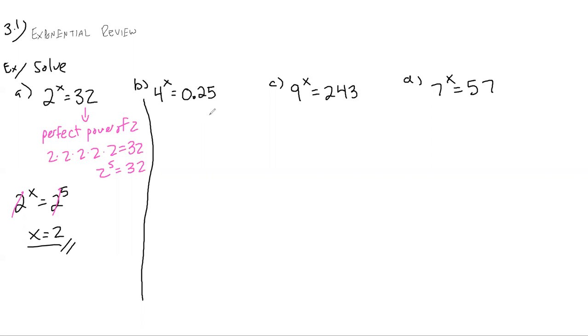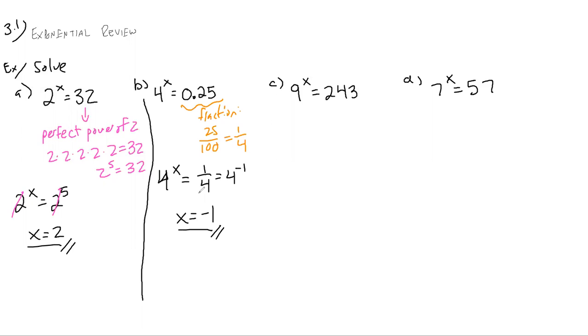That 0.25 is actually a fraction. If you completely forget fractions, we could write this as 25 over 100, which does reduce to 1 over 4 in lowest terms. So 4 to the x is actually 1 over 4. And if you recall, that is the same thing as just writing 4 to the negative 1. So again, with the cancellation, negative 1 would be the solution to that equation.